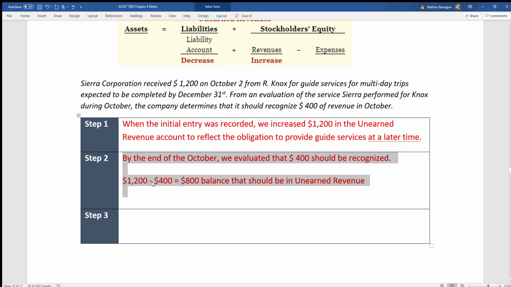Well, 1,200 minus 400 means that our unearned balance should now be 800. Seems fair, right? I mean, have we still performed this job yet? No, we're in the process, but we have performed $400 worth.